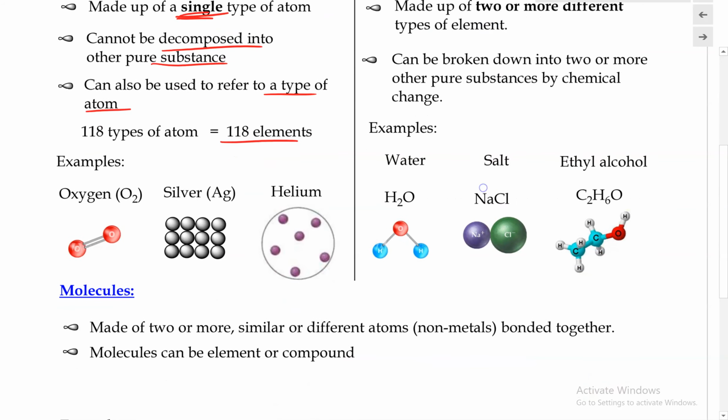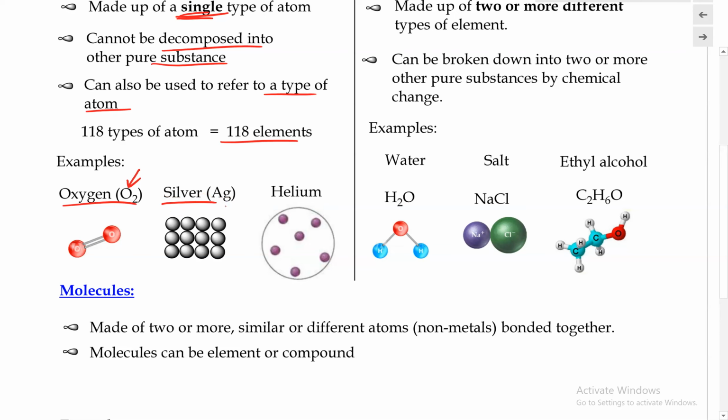An example of substances that will be classified as element include the following. Oxygen. The reason why oxygen can be described with the word element is because it consists of only oxygen atoms, right? In a chemical formula, there are two oxygens bonded together, but because they consist of the same type of atom, oxygen is an element.